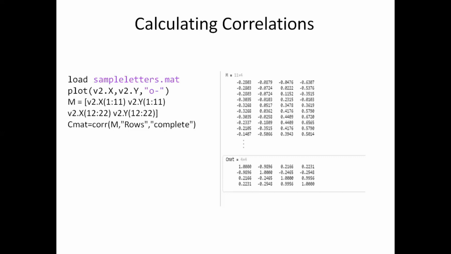Then I am going to compute the correlation between the elements of this array M. When I calculate this correlation, it gives me a 4 by 4 matrix, CMAT, which is displayed here.